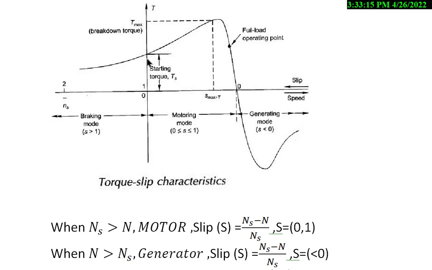At one point, it becomes 0 before it moves to the other direction, and that is the point at which the supply should be cut off. That is called the braking region. From here to here, it is the braking region, and slip is more than 1. So maximum possibility is only 2.